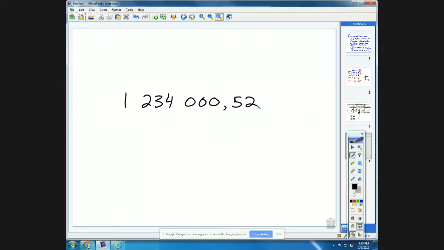We would write that as 1,234,052. So it turns out writing numerals isn't standard throughout the world. A lot of countries use the same set of symbols, 1, 2, 3, 4, 5, 6, 7, 8, 9, 0, and some countries don't. They have a different way of writing their numerals. And some countries just don't use the same separators as we do. That's okay. Not too hard to translate those.